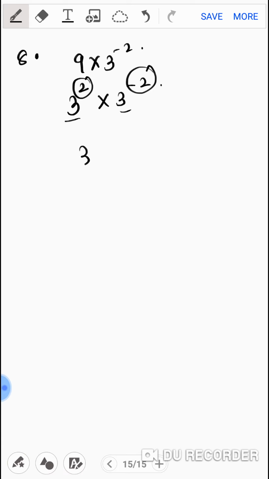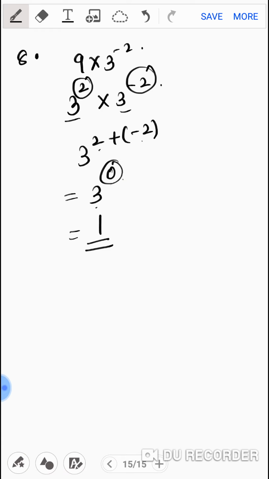I'll jump on to problem number 8. It says 9 into 3 raised to minus 2. First method, I write 9 as 3 square. And the bases are the same, so the exponents will be added. So 2 minus 2 is 0 and 3 raised to 0 is 1.